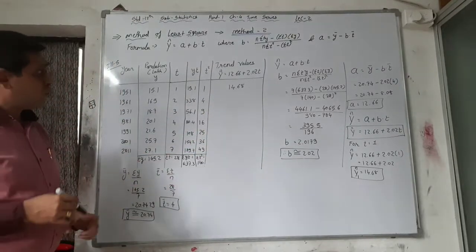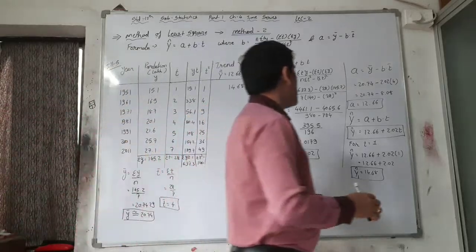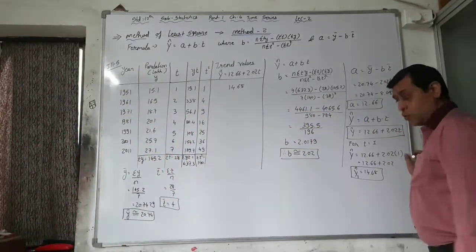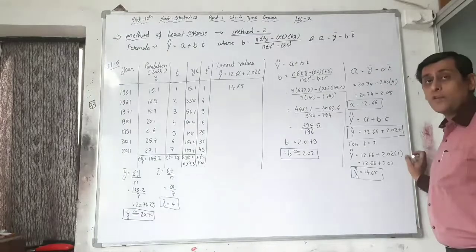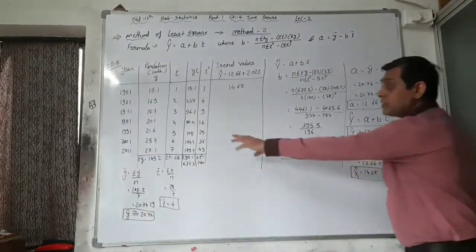And we have to write the values for all the years, by putting 1, then 2, then 3, then 4, 5, 6 and then 7.